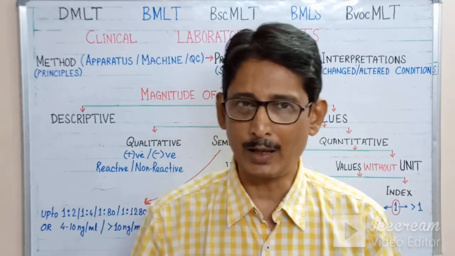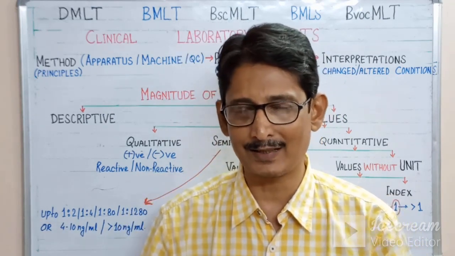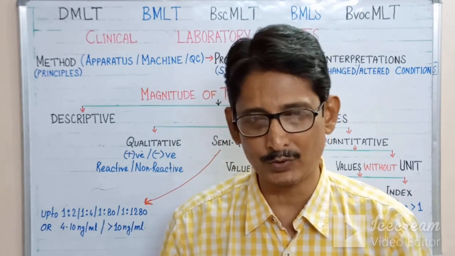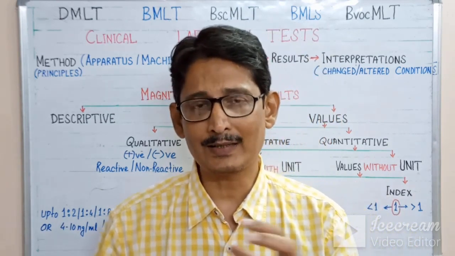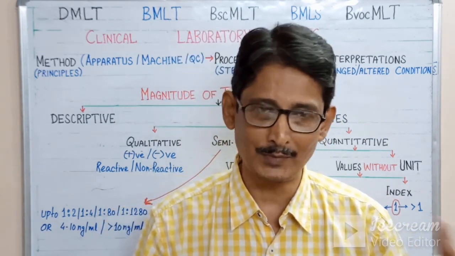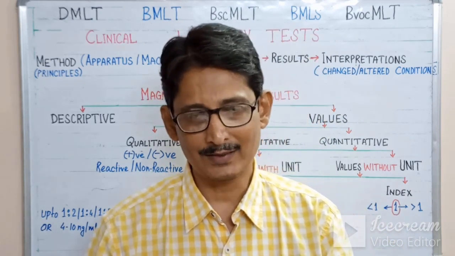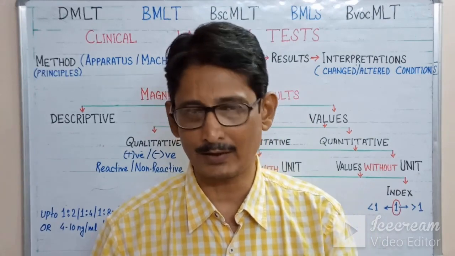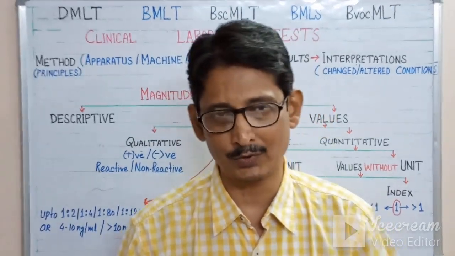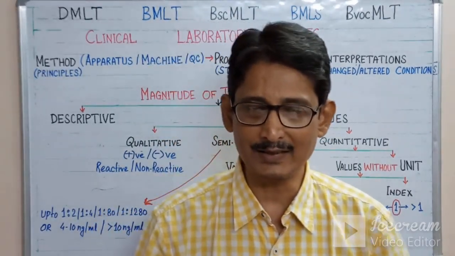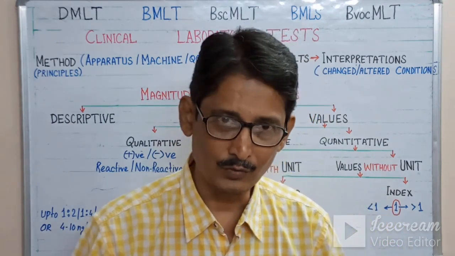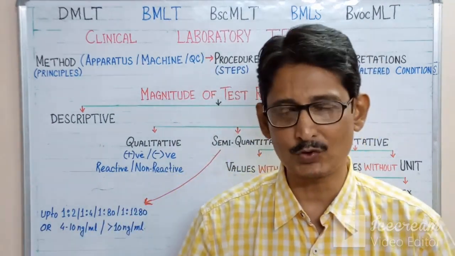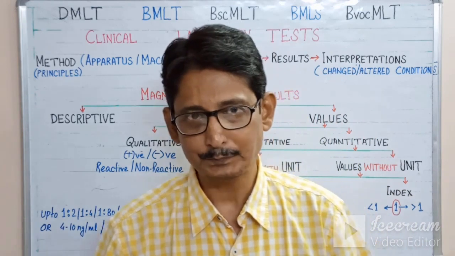So I just correlate this kitchen with today's studies. Just imagine some special dish like tandoor paneer or tandoor chicken, whatever you want to imagine. We are going to start with this tandoor chicken and tandoor paneer.